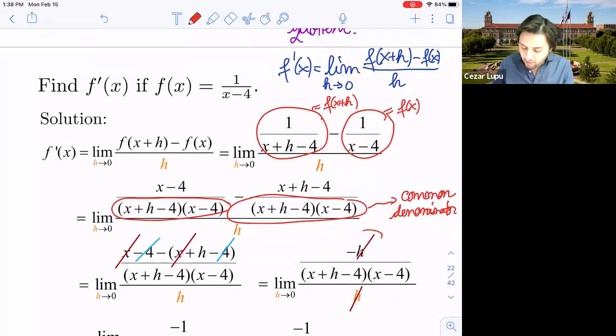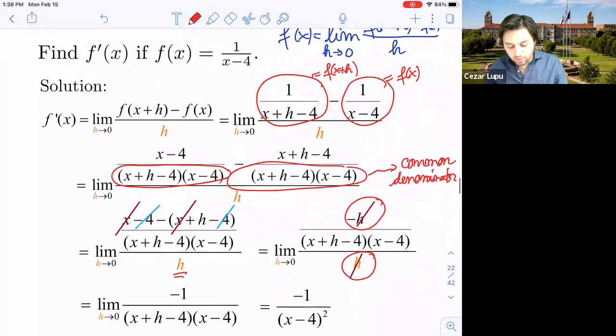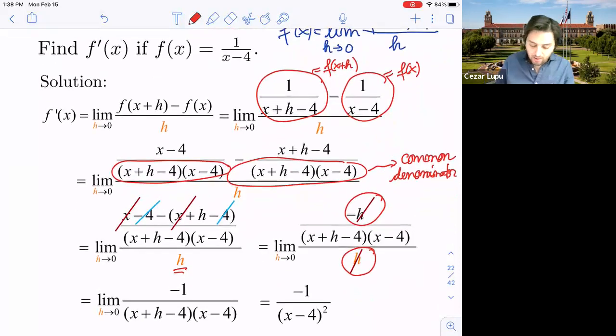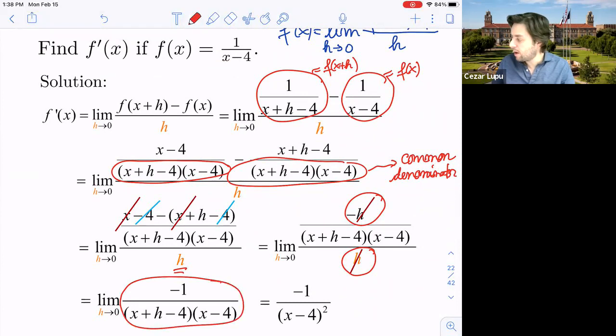But this negative h here will cancel with this one here, because keep in mind, look at this. And the final result will be nothing else than just this guy here. This is negative 1. Anyway, at this point we don't need to do any more algebra.